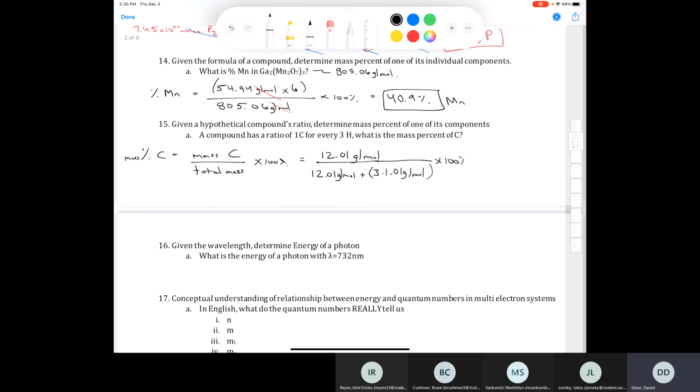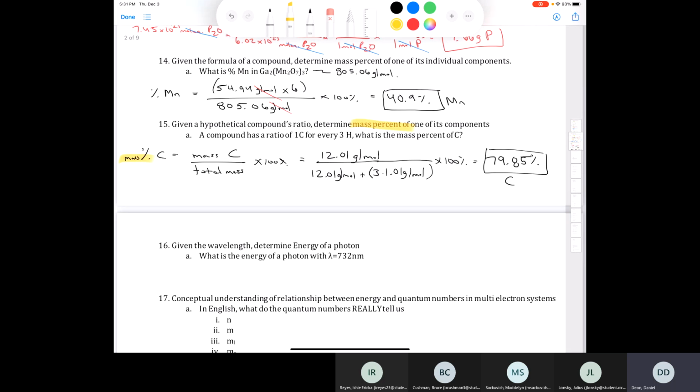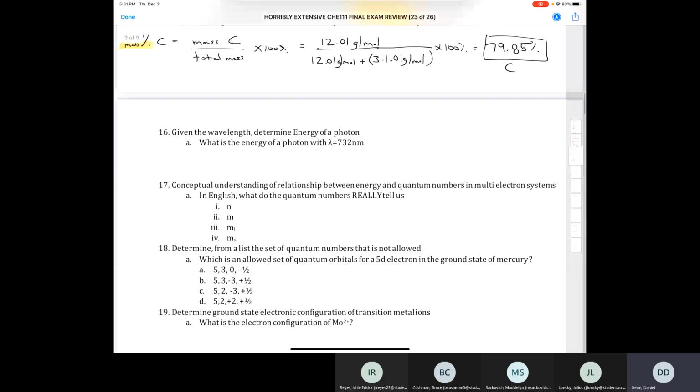There we go, multiply by 100%. And you end up with a percentage. Can use 4 sig figs, 79.85% roughly. Actually, that's not very rough, is it? It's that percentage by mass carbon. So we're just determining mass percent in this problem, nothing more than that. Mass percent is the mass of whichever component of interest divided by the total mass, multiplied by 100.